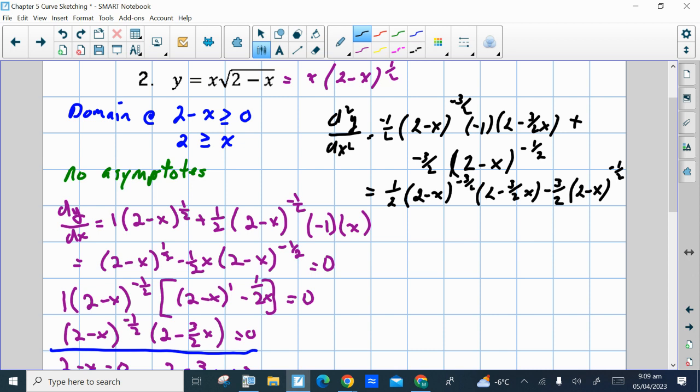Okay? But we also have a common factor of 1/2, because 1/2 divides into 3/2. So it'll be 1/2 bracket 2 minus x to the negative 3/2, which, if you divide that first term by that common factor, all you're left with is 2 minus 3/2 x.